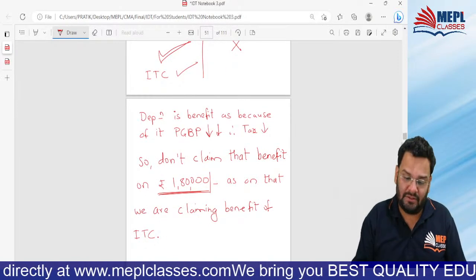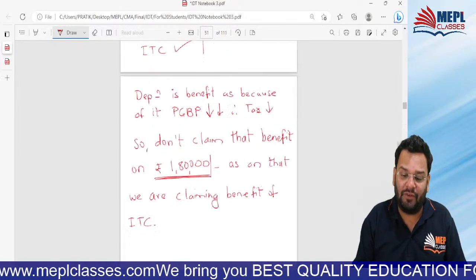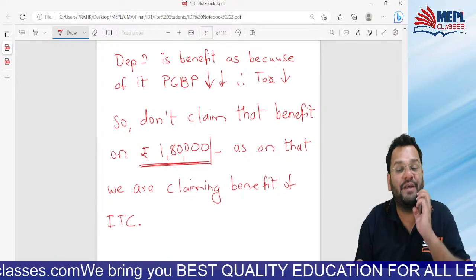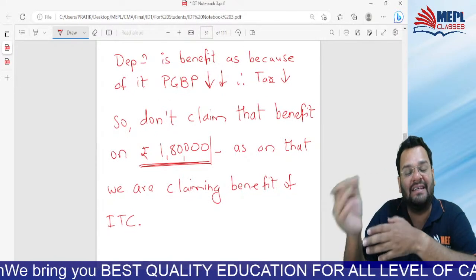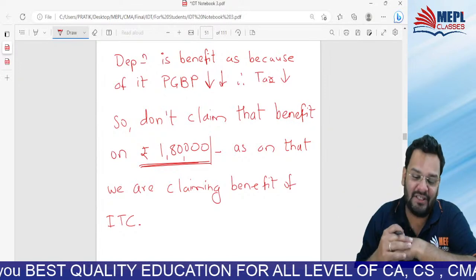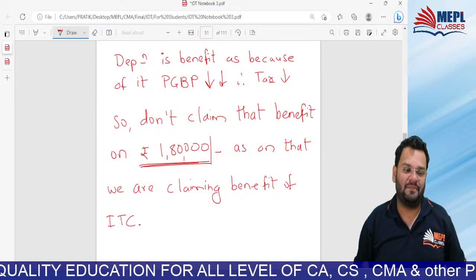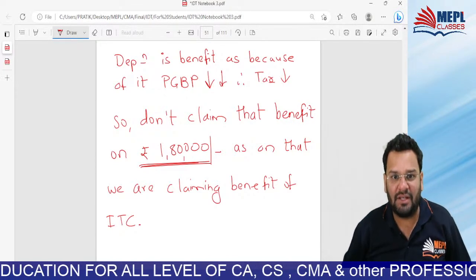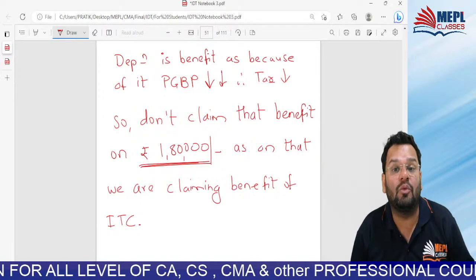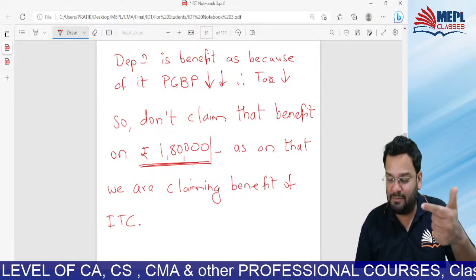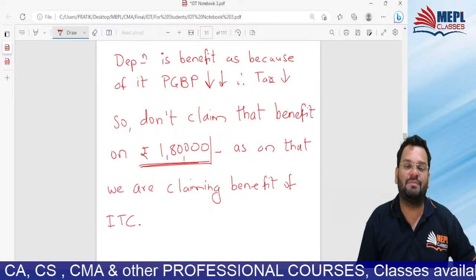Now tell me, guys, which benefit is better? Which benefit would you like more? ITC's benefit or depreciation's benefit?